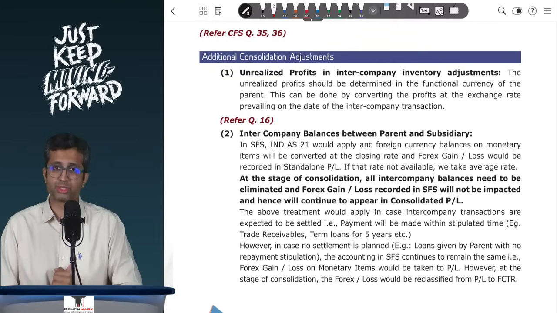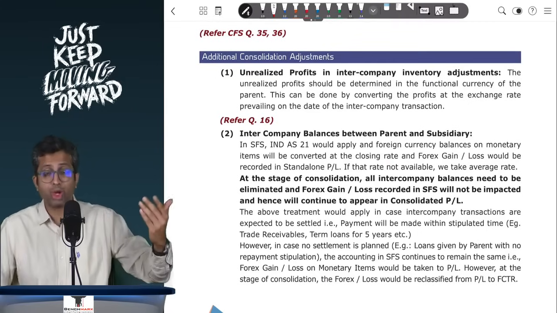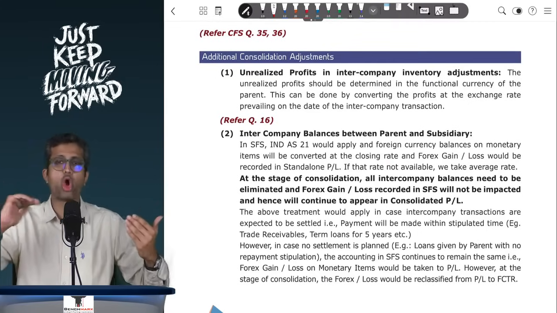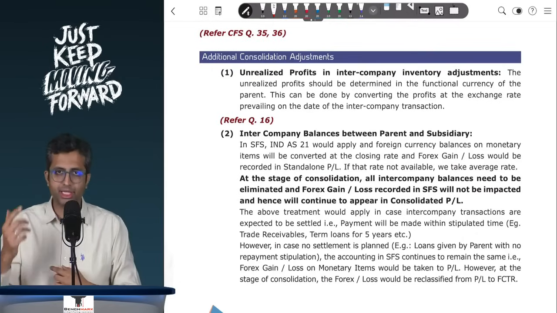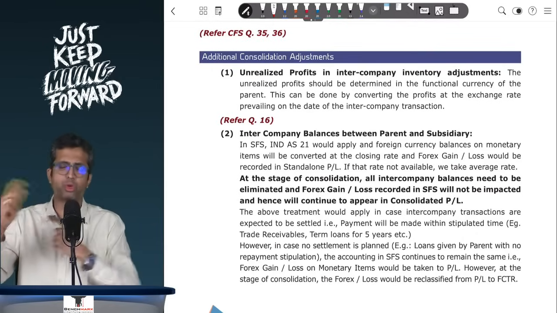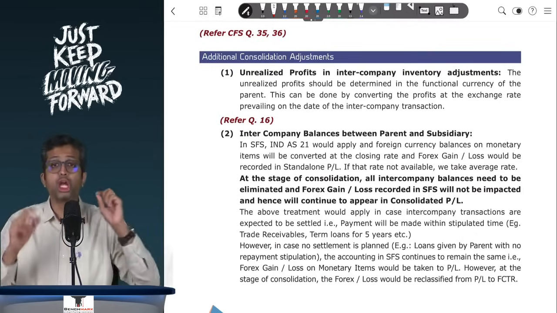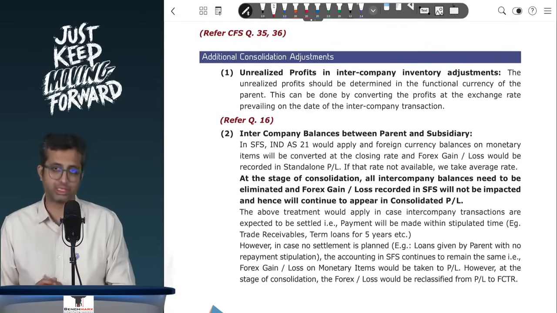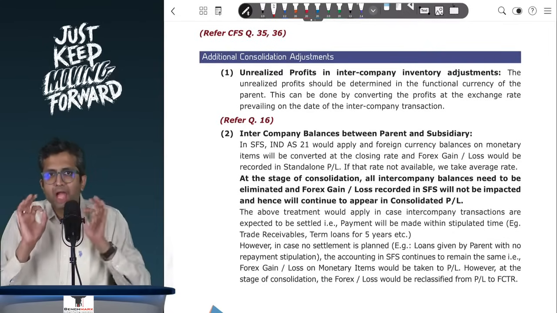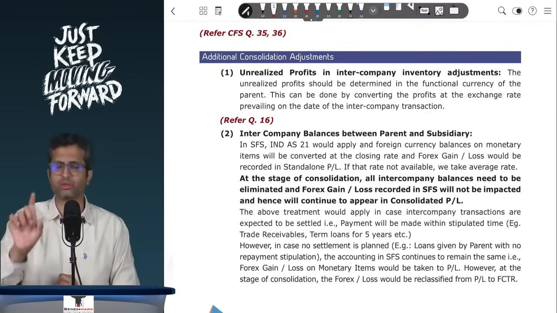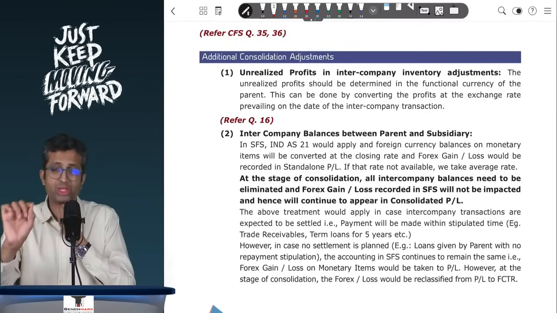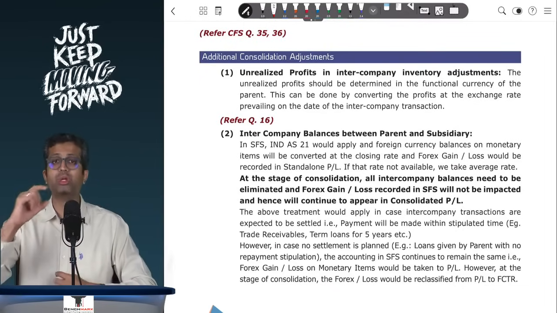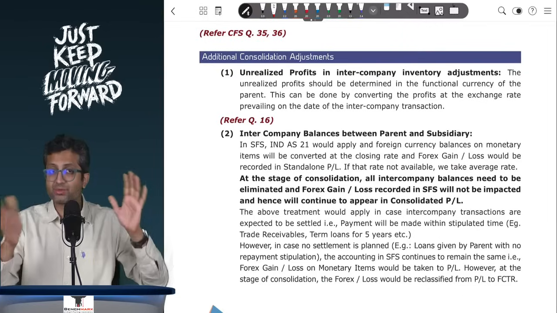Other consolidation adjustments that you need to remember over here is, what if there is an unrealized profit or loss on an intercompany sale, like there may be an upstream or a downstream sale. Over here, remember, profit is based on the rate as on the date of the transaction. So when you sell goods, ideally you will take the rate as on the date of the transaction, and hence when you want to find the unrealized profit, you will take profit is for the period.